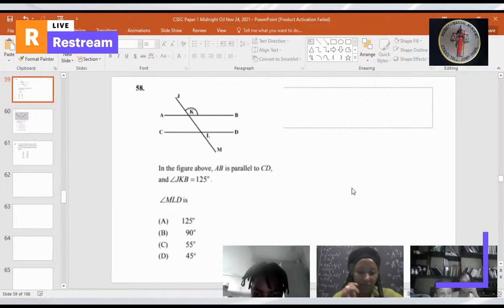We read the angle from the middle, right? When given three letters, it says angle L.